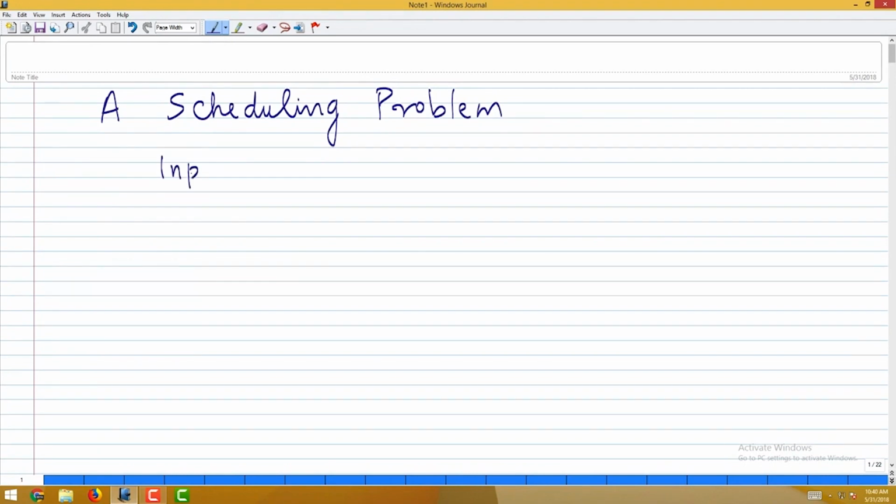So, the input has n jobs and some m machines, and each job has a time it takes on any of the machines.